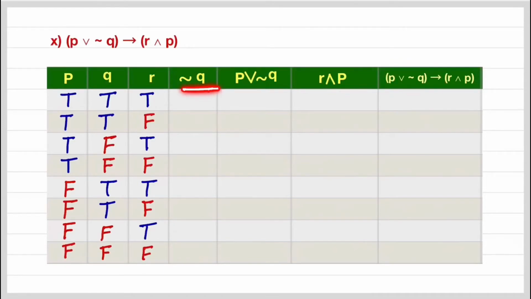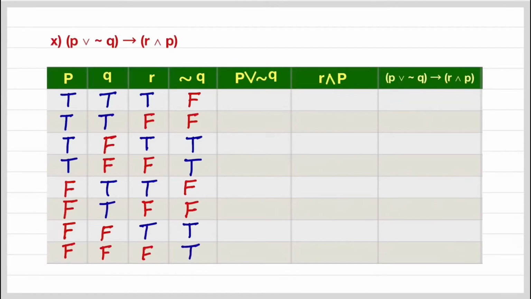Now negation of Q. When statement is true, its negation is false, and when statement is false, its negation is true. 2 values false, 2 values true, again 2 values false, 2 values true.